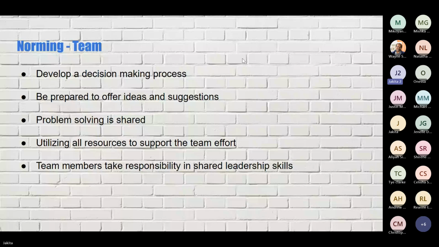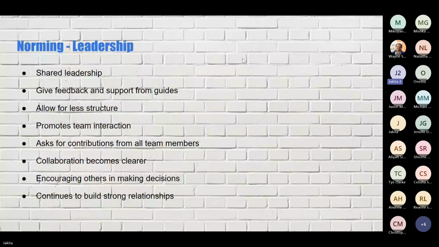In terms of leadership, it's shared. It's important to give feedback and support, which allows for less structure, promotes team interaction, and contribution from all team members. Collaboration becomes clearer, encouraging others in making decisions, and they continue to build strong relationships.